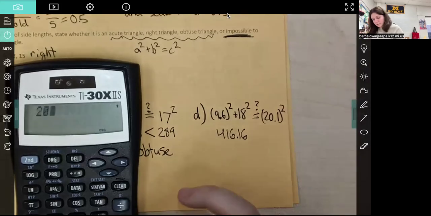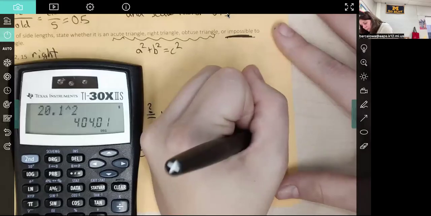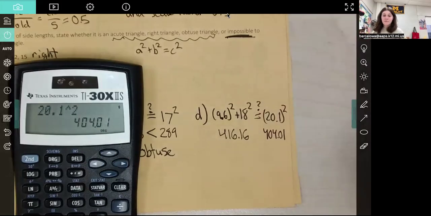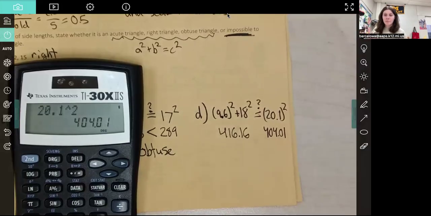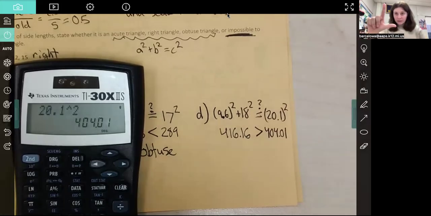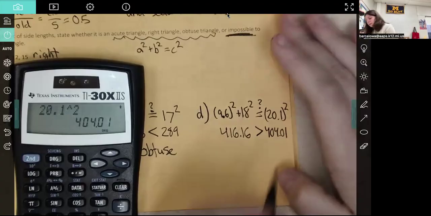Okay, and then 20.1 squared is 404.01. Okay, again, if these were perfectly equal, I would have a perfect right angle. But that third side is too small, creating an acute angle.